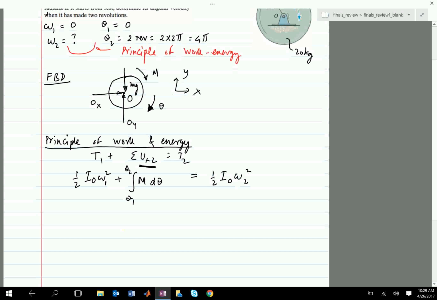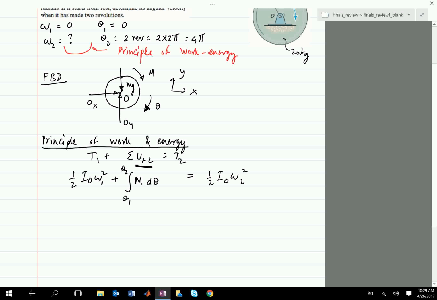So for a disk, the inertia is mr squared divided by 2. I'm going to give that to you, so don't worry about it. This is mr squared divided by 2 omega 1 squared plus the integral of 2 theta plus 4 from theta 1 to theta 2.